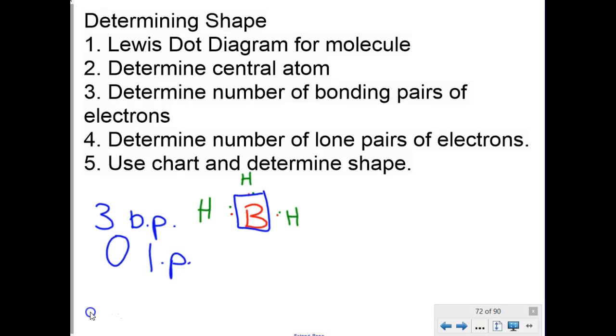No. Use your table and tell me what is the three-dimensional shape going to be? Trigonal planar. It's going to look like this. Questions?